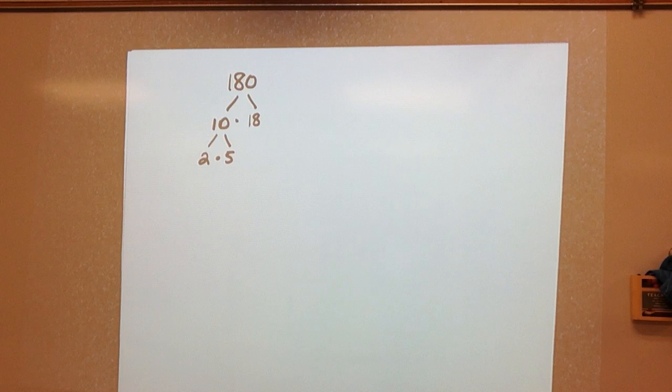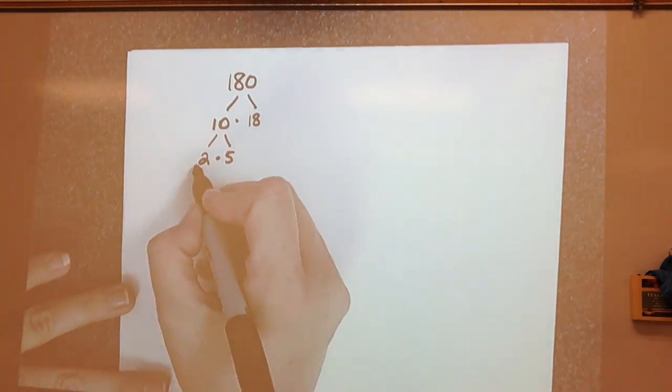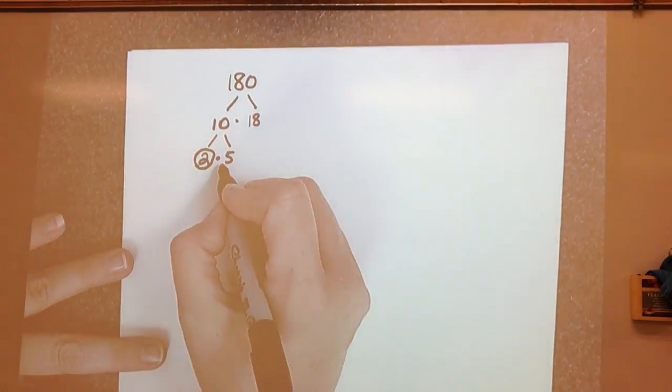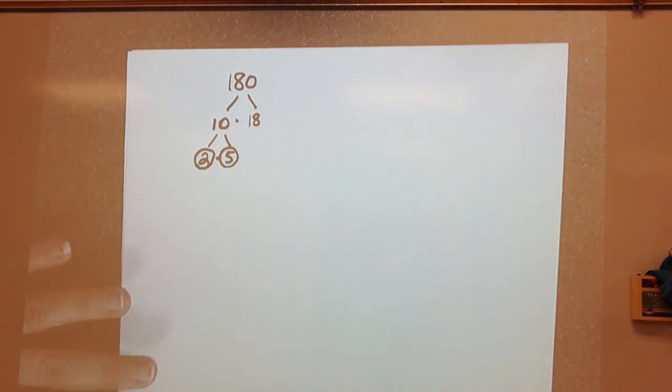Go back to the problem before. We determined 2 is already prime. So I'm going to circle it. Let's think about 5. 5 times 1. Nothing else will go into it. It has 2 factors. 5 is prime. Okay?